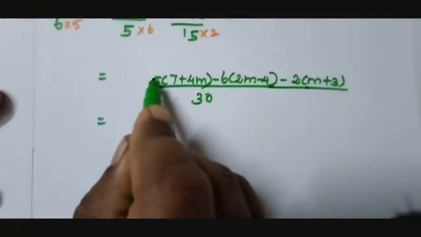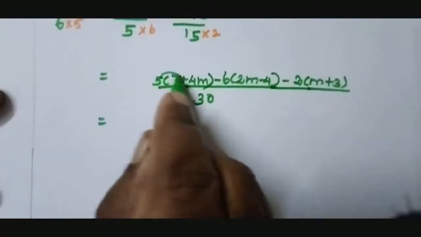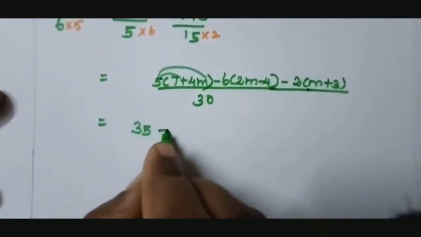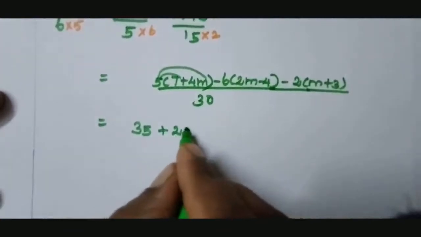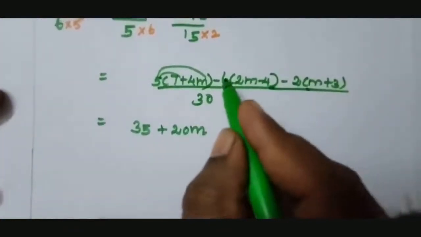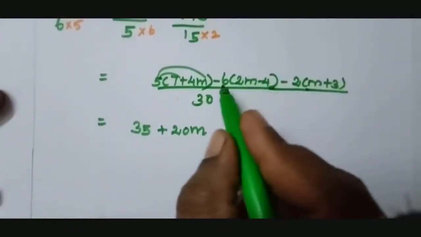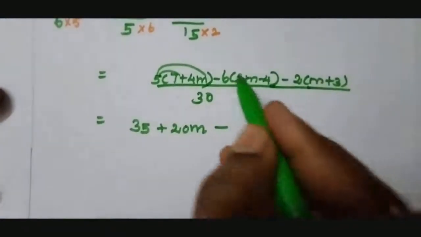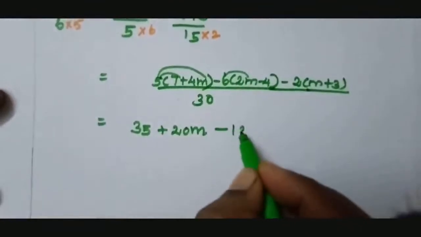Now multiply this 5 with the terms inside the bracket. 5 sevens are 35 plus 5 fours are 20m. Now multiply this minus 6 with the terms inside the bracket. Minus into plus is minus, 6 twos are 12m.